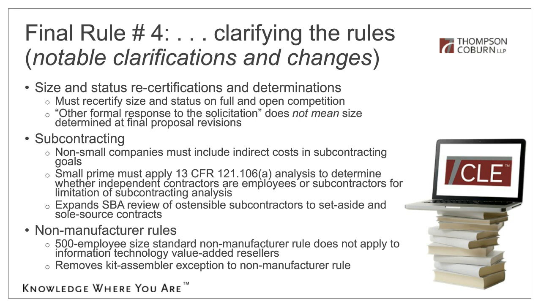The SBA also removed the kit assembler exception to the non-manufacturer rule. And if folks had been looking at the kit assembler exception before, what you'd need to do now is apply the multiple item rule in 13 CFR 121.406 to kit assembler acquisitions. Again, not something that's going to apply, I think, to most of the folks here, but could apply to some of you all, so just something to consider.